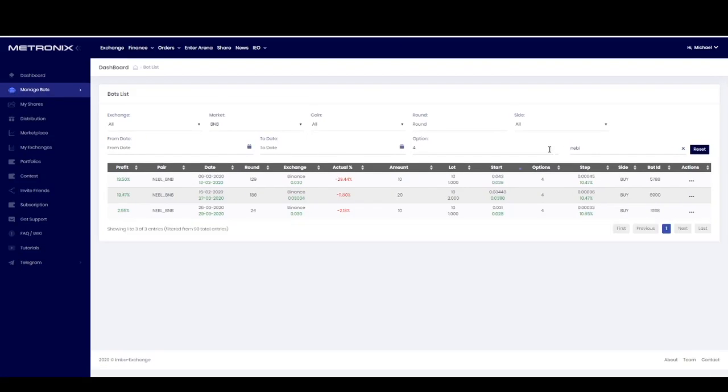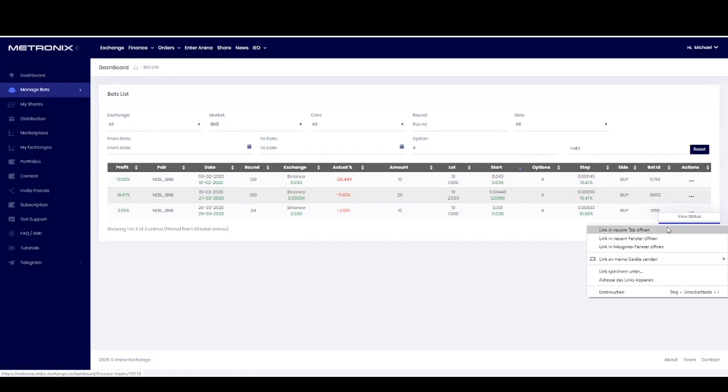But let us check here. Again, for sure, I have a Niblio bot, also with 10. Let's take a look. This is very active. I opened this three days ago. Here you can always see the start date, and here the date of the last trading. I opened this trading slot three days ago, and I have already made 2.55% profit.